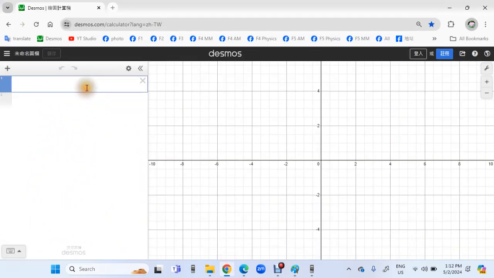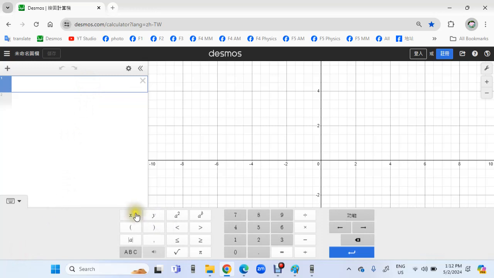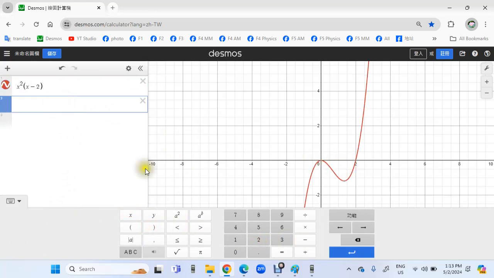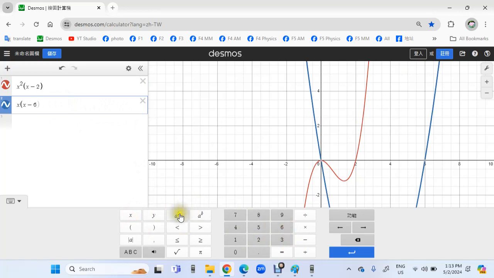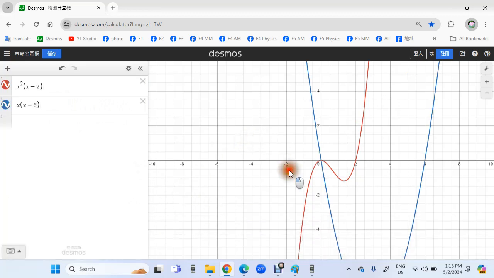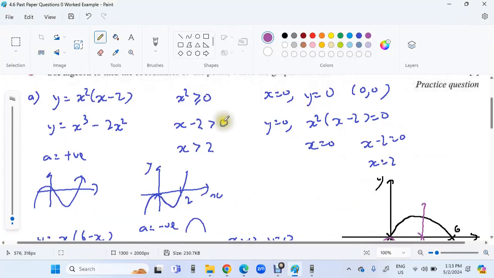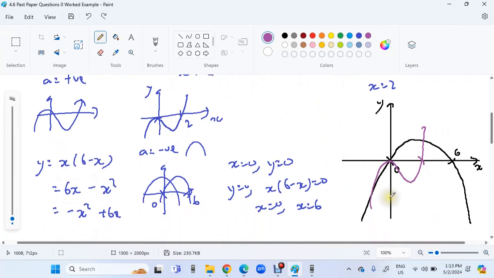So this is how the graph looks like. And then we have x minus 6. I made a mistake here.